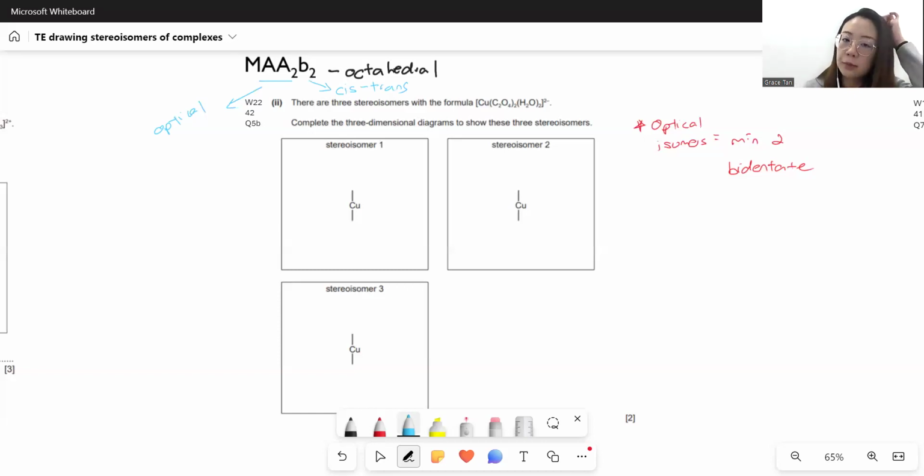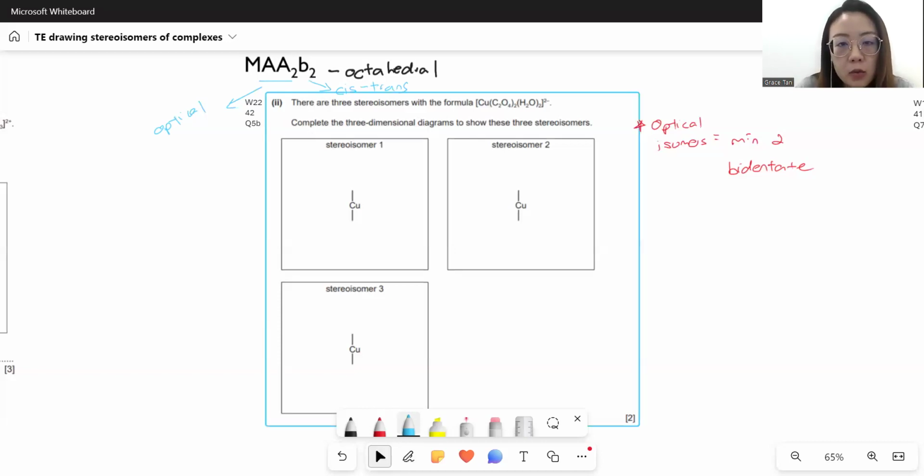If you look at this question, your oxalic ion here, C2O4, is another bidentate that you need to know. So there are 2 bidentate that you need to know in the syllabus. The ethane-1,2-diamine, or diamino, and the other one is the oxalic ion, also known as ethane dioic ion, which looks something like this.